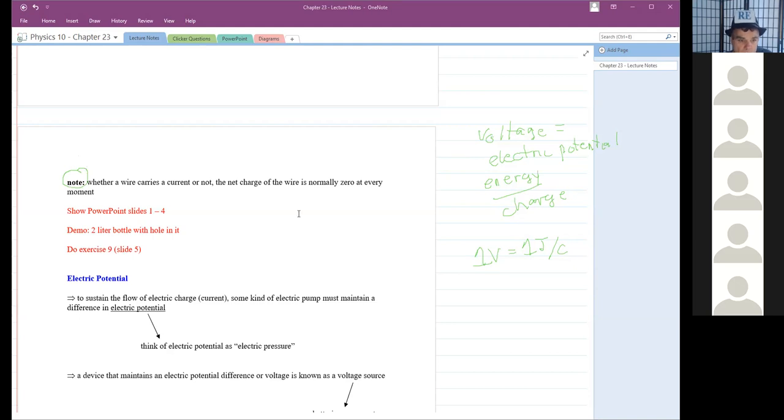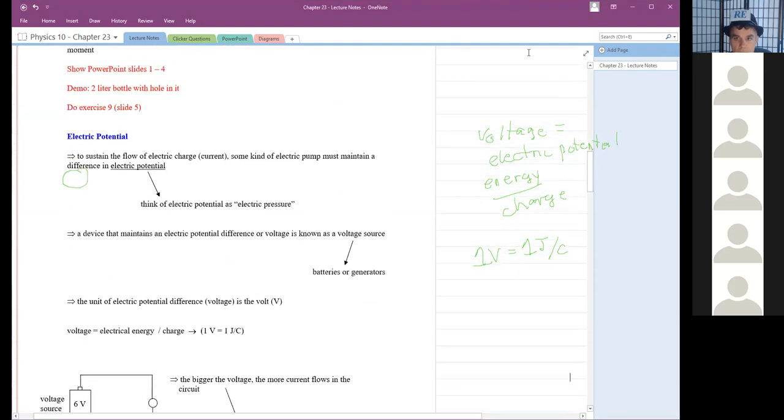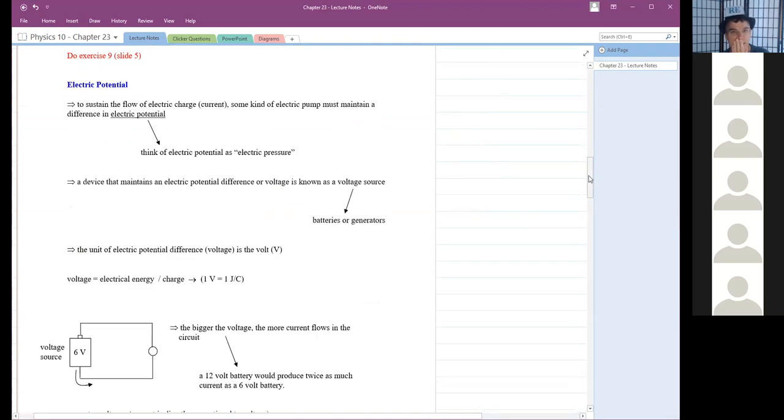So I've talked about this electric potential. Come on, mouse. I can't figure out how sometimes. Oh, I know, let me see something.